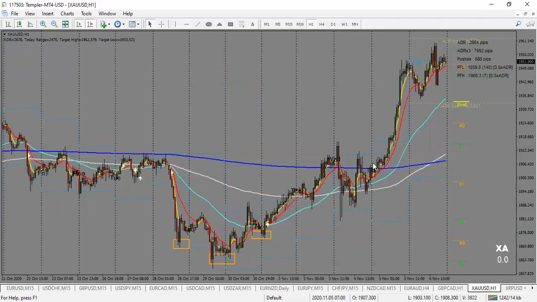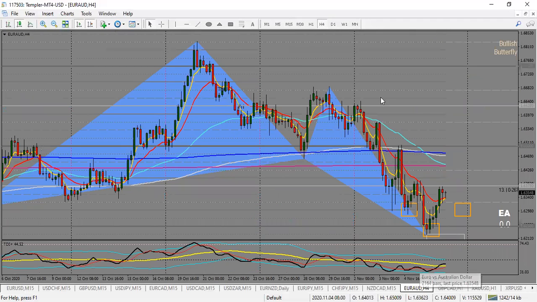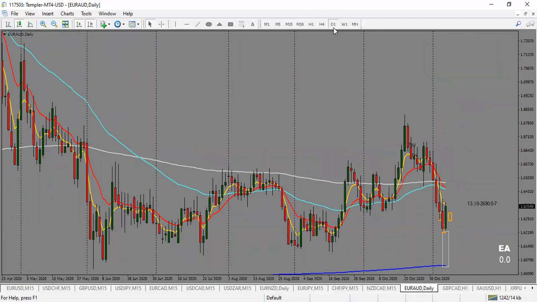So we expected gold to rise. So next week now you should look for buy trades on this, and your target should be this area here.